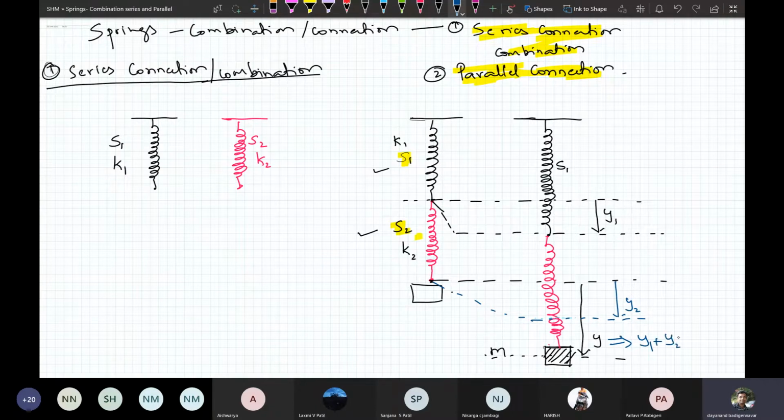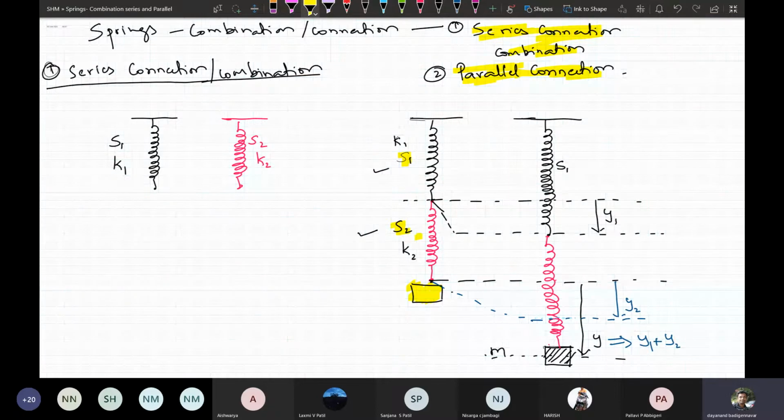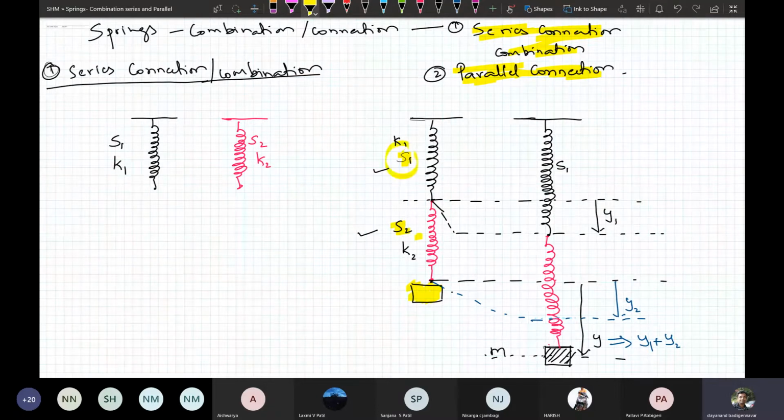So when I apply a mass to the springs in series, the spring S1 gets elongated by Y1. This much is the displacement. What about spring S2? The spring S2 is also elongated by Y2. So the net elongation is the sum of the elongation due to Y1 plus Y2.